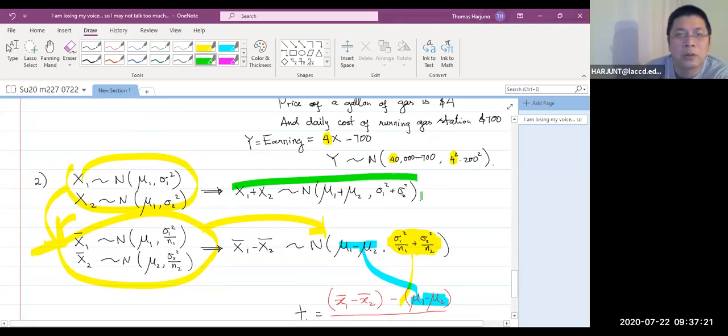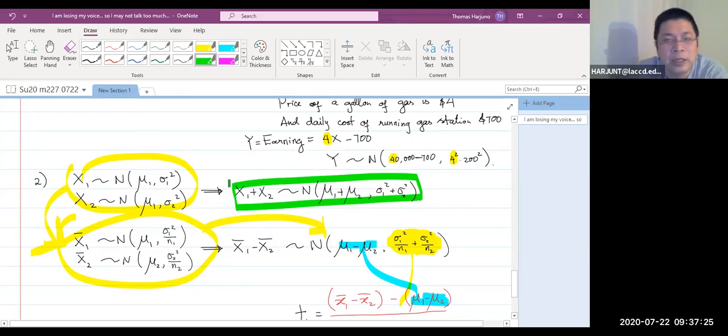Now, one example for this case is for the summation here. For example, the amount of gas and diesel sold in the gas station. Okay, so instead of only selling gas, suppose you sell gas and diesel in a gas station.